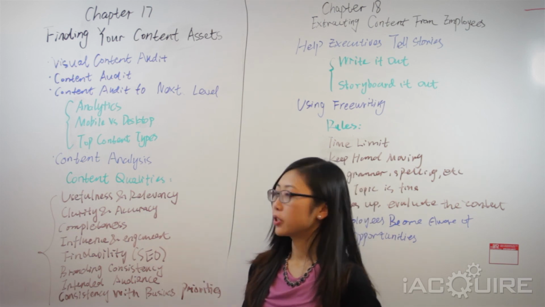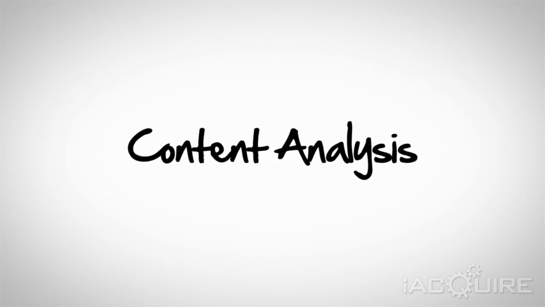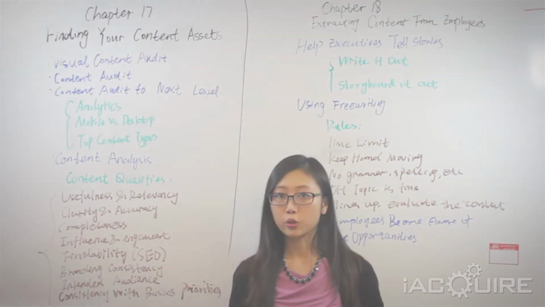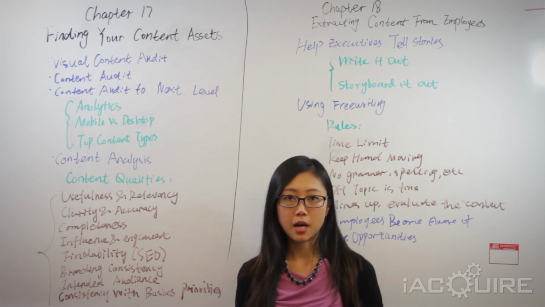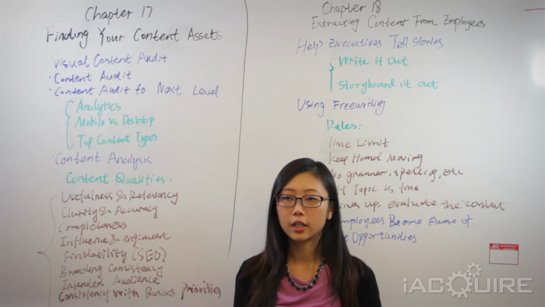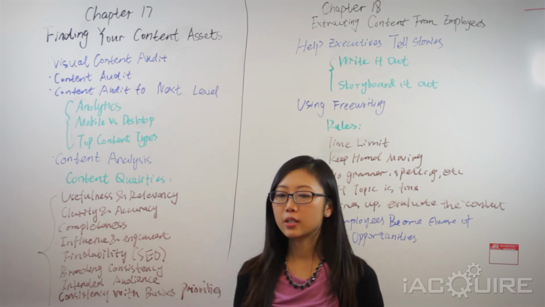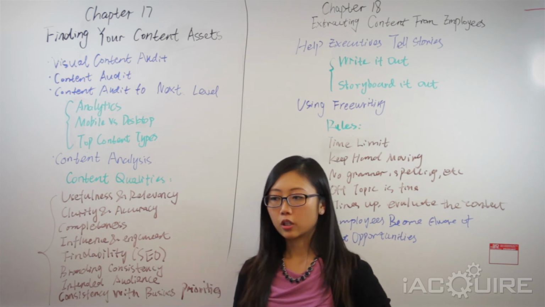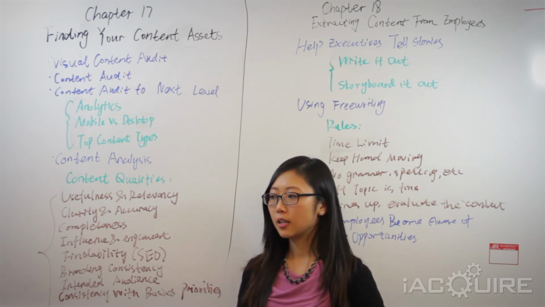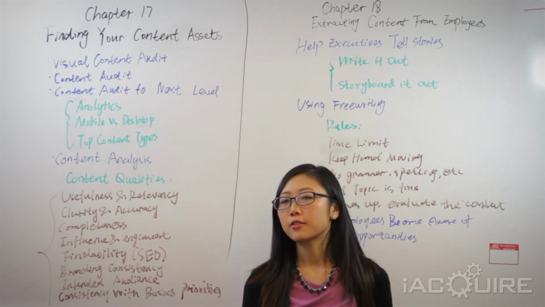After the content audit, we should do the content analysis. By content analysis, we mean you should do your content audit every 6 months or even every quarter. By doing this, you will know if your content is updated, or if there are any issues with it.